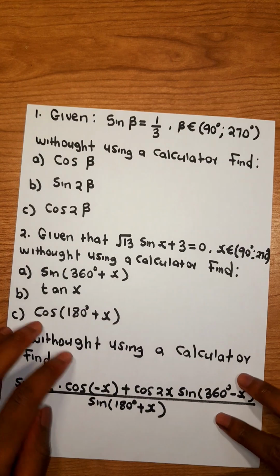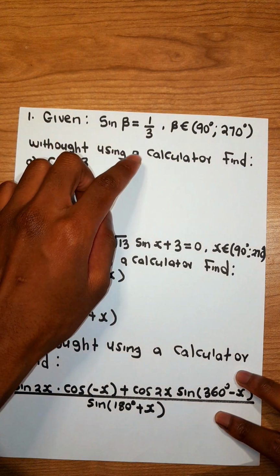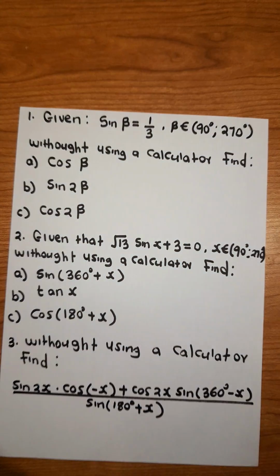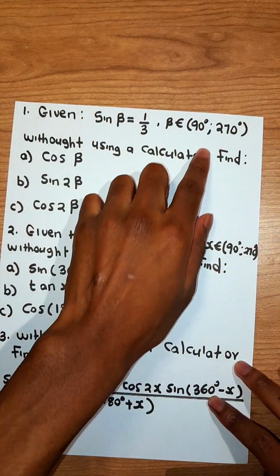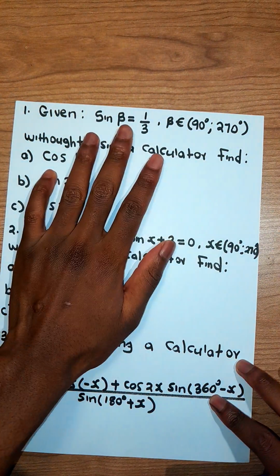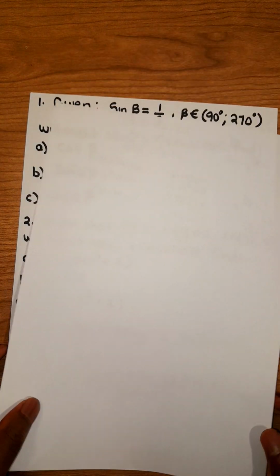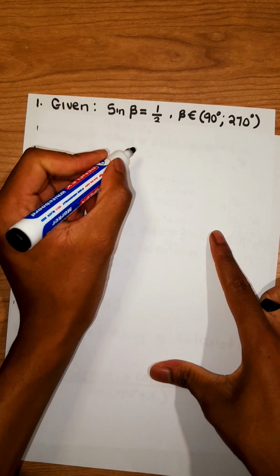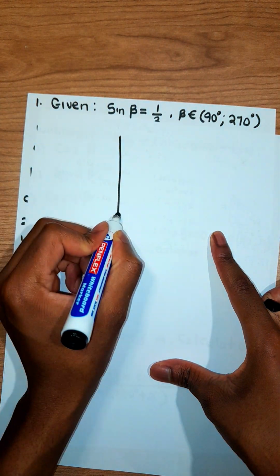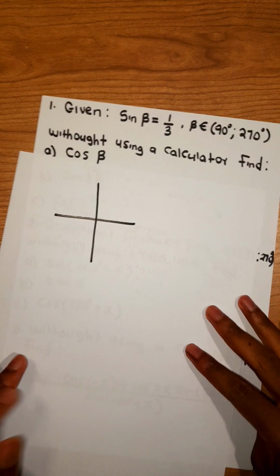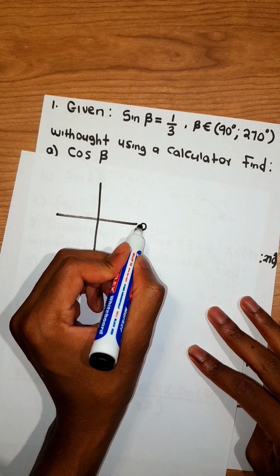Each and every single time you are given a statement and a range, although sometimes they will not necessarily give you a range, the first thing that you do is to draw a diagram. This is the kind of diagram you should draw. Now, we all know that this is 0 degrees.